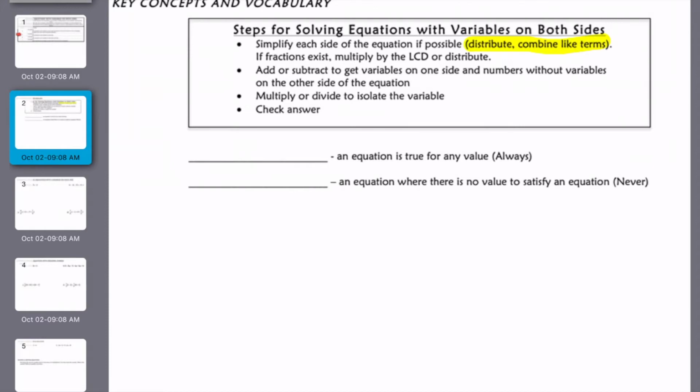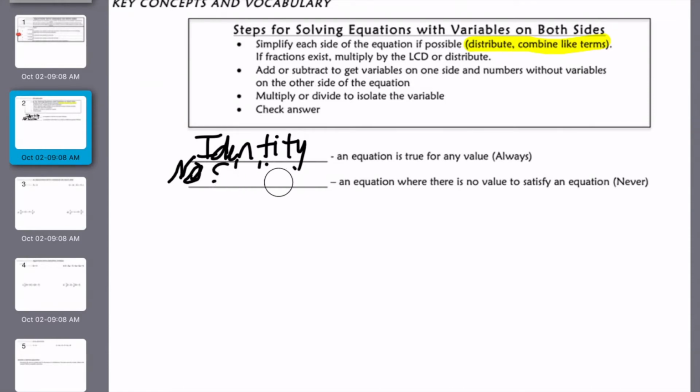So two pieces of vocabulary that we're going to have here. An equation that is true for any value is going to be an identity. An identity is an equation that is true for any value, always. And then an equation where there is no value to satisfy it, as in there's never going to be an answer, is simply no solution.